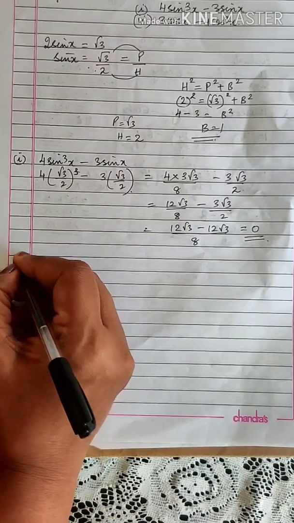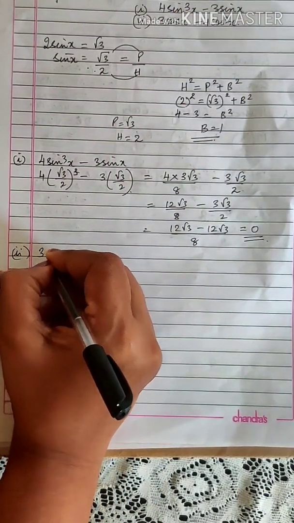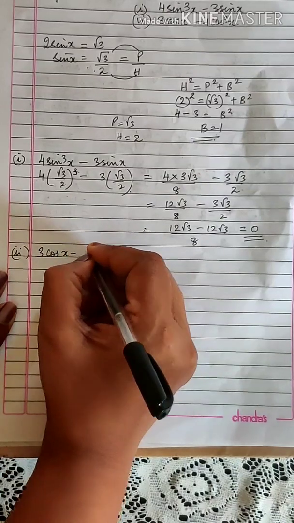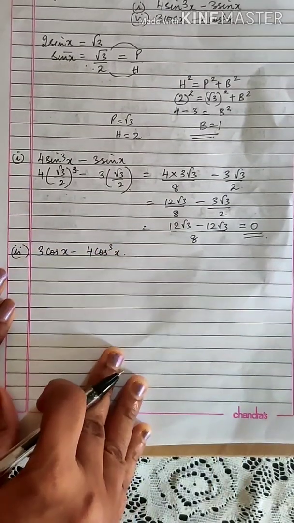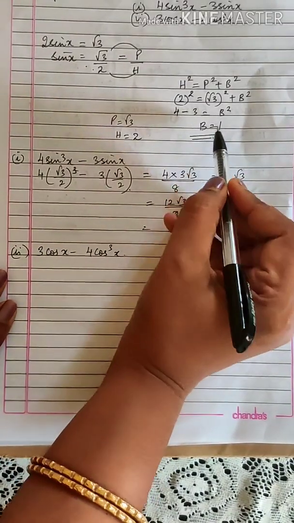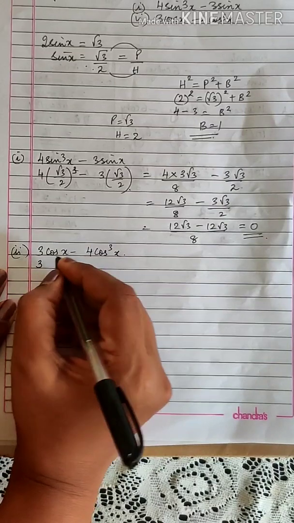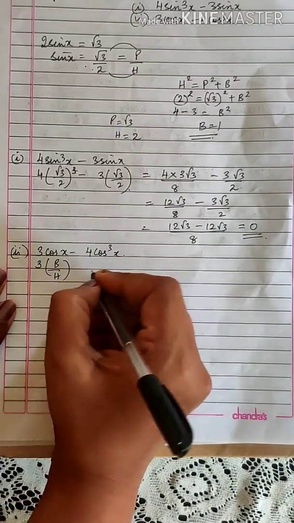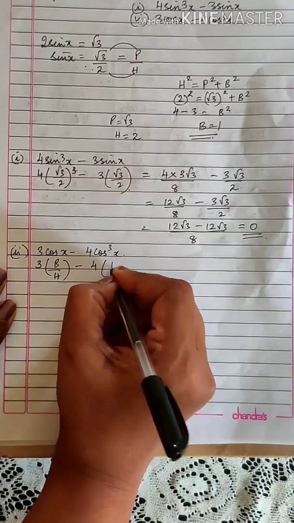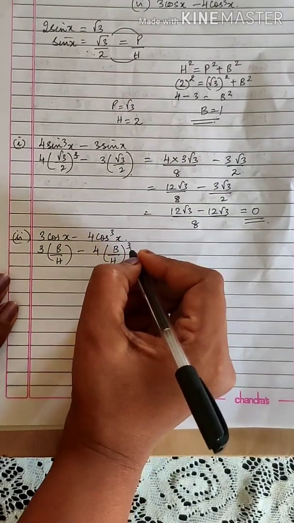Now the next given expression is 3 cos x minus 4 cos cube x. Now here you have got the value of base, hypotenuse and perpendicular. We will write the ratios for cos, which is base by hypotenuse, minus 4 of base by hypotenuse the cube.